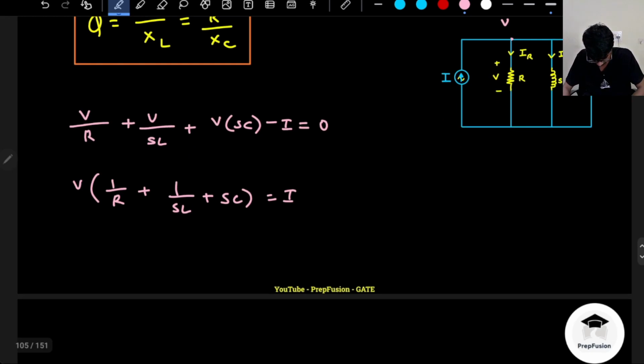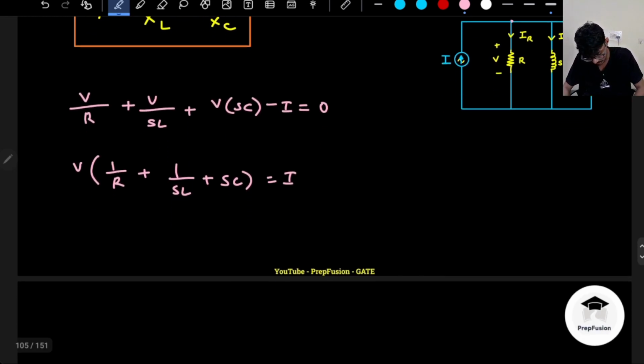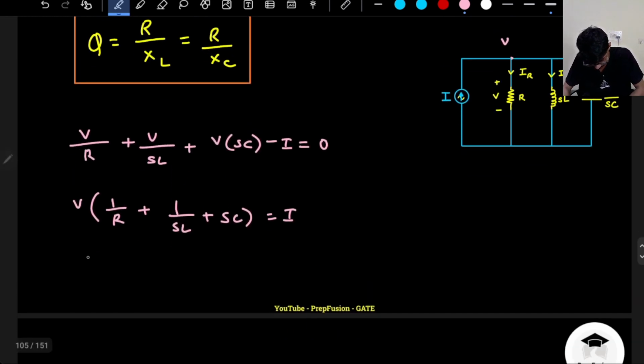So from here I can directly write the voltage in terms of current. So what will be the voltage? Voltage will be I divided by (1/R + 1/SL + SC).